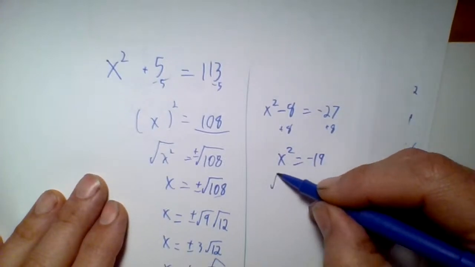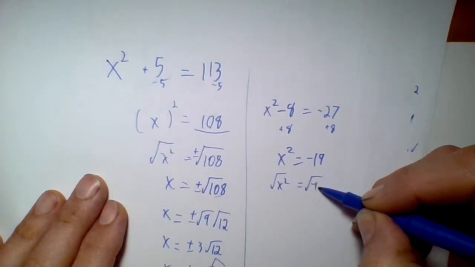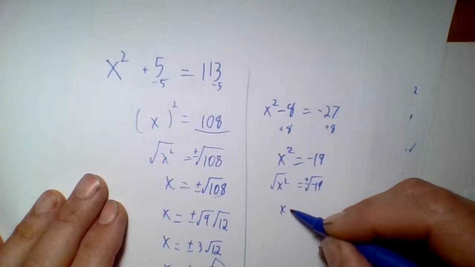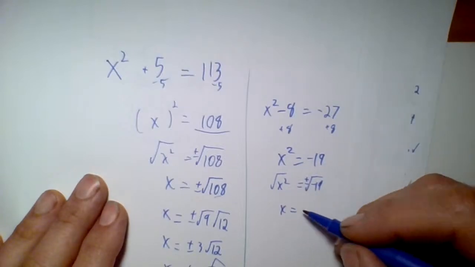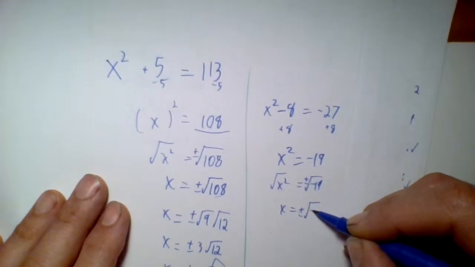And so if I apply the square root property, here's the step that's going on in my plus or minus in there. X is plus or minus the square root of negative 19.